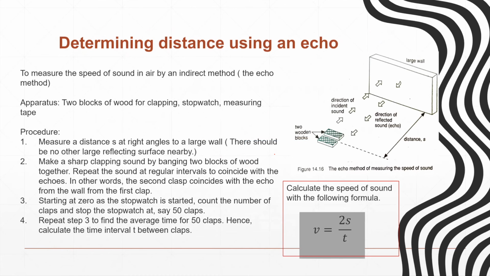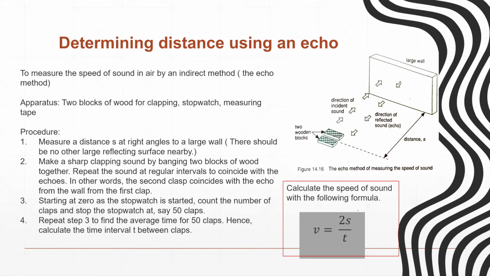Then this is the echo. Again, it's a lot of description, but I think for you, they will give you the info and ask you to calculate the speed of sound, or the distance between the walls, or the distance between the seabed and the ship, etc. They give you the story. So you have to take note if it's an echo question.